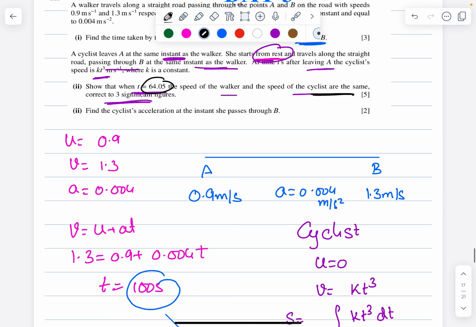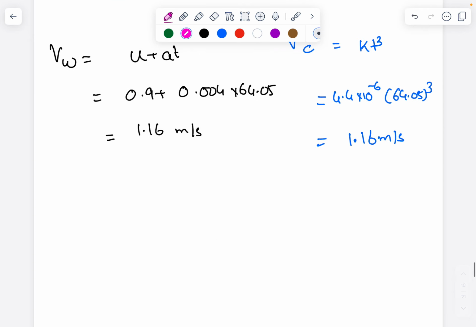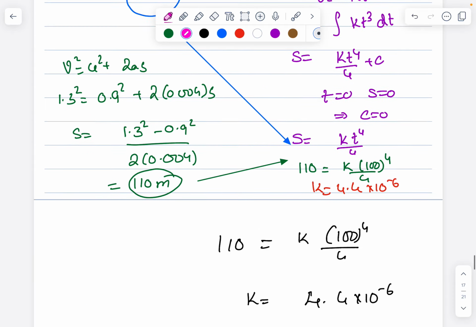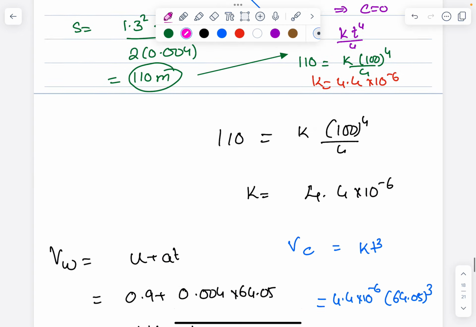Find the cyclist's acceleration at the instant when she passes through B. So we know that velocity equals kt cubed. So acceleration equals the derivative of that, which will become 3kt squared. At the instant when she passes through B, the time is going to be 100 seconds.